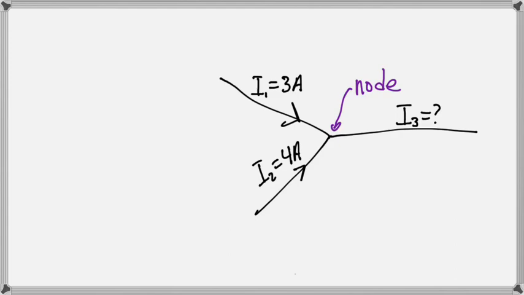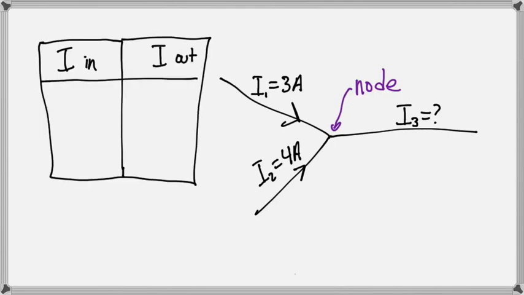Because Kirchhoff's current law says whatever total current goes into a node must also come out of it, let's make a chart to organize this information. In one column, we'll organize the current going into the node, and in the other column, the current going out. We can see here we have 2 currents going into the node, and those would be I1 with 3 amps and I2 with 4 amps.